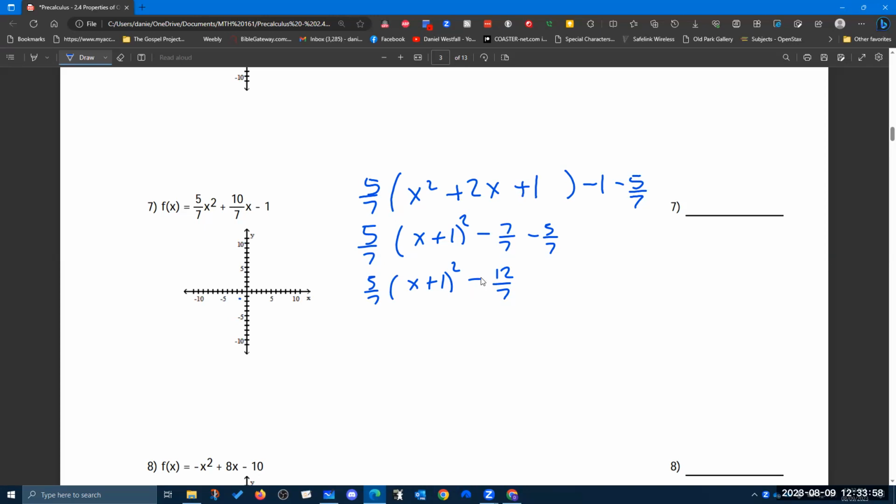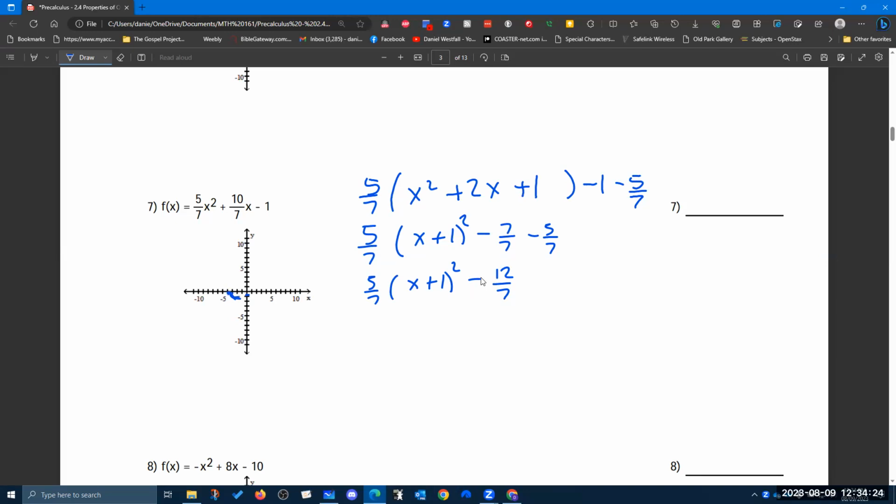And then I would go to the right 1 and up 5/7 would get me straight to -1, I believe. Yes. And left 1 and up 5/7 gets me there to -1 as well.